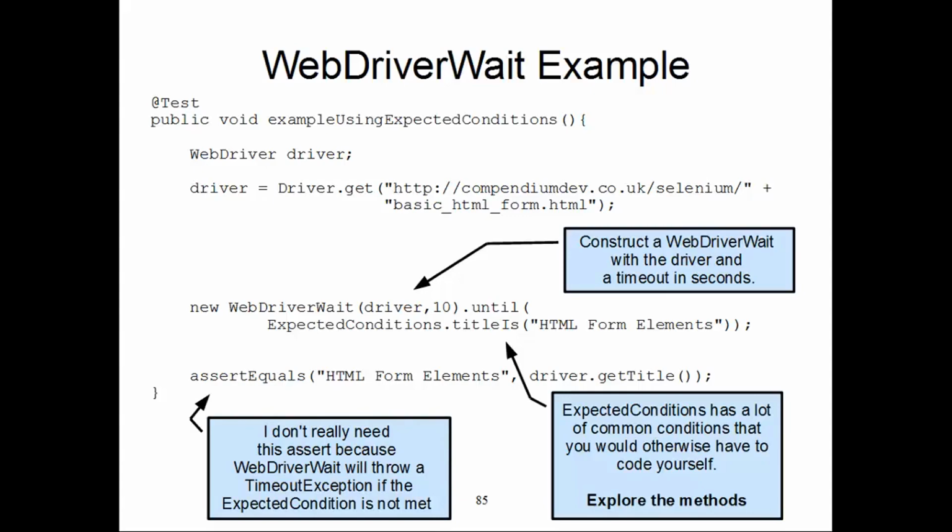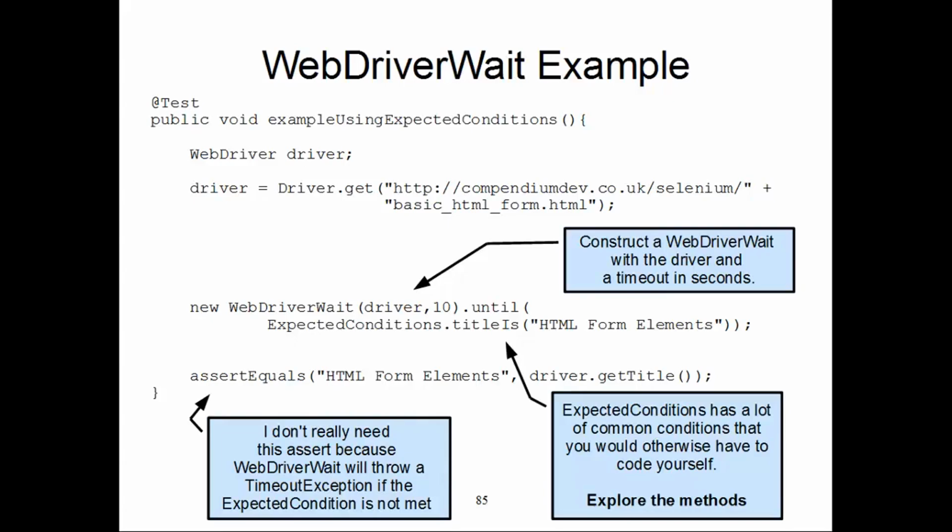So although I'm waiting until the title is HTML form elements, I don't really need to then assert on the title, because WebDriver wait throws a timeout exception if the expected condition is not met. So I know that if we exit the WebDriver wait and we haven't thrown an exception, that assert will pass because that is what the title is, because it has to be. And if that assert fails, then it basically means that the expected condition's title is method doesn't work properly.